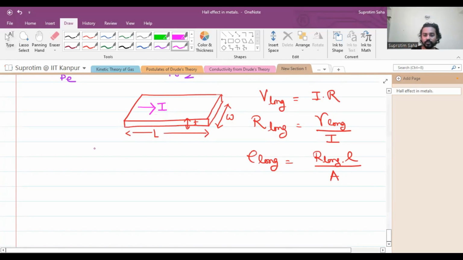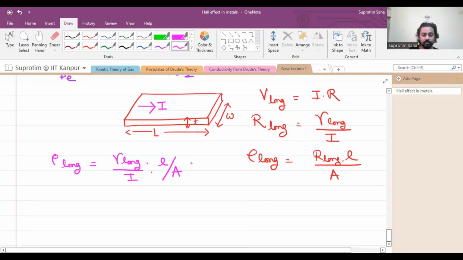So rho longitudinal is given by V longitudinal by I times L over A, which is also m over n e squared tau.